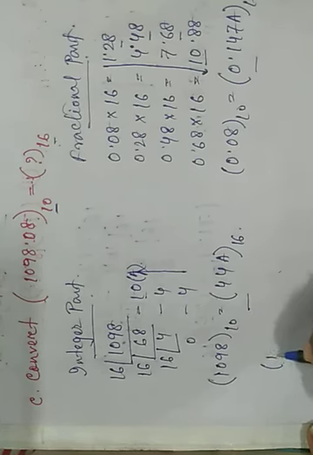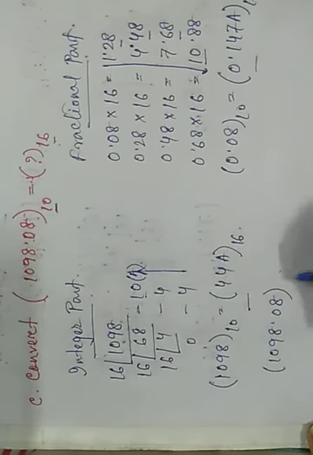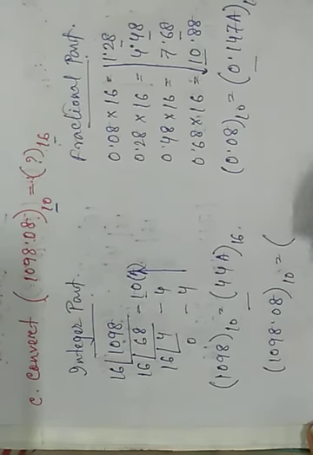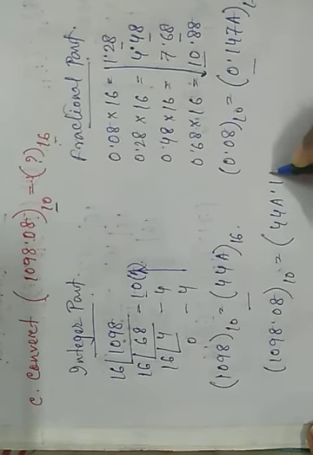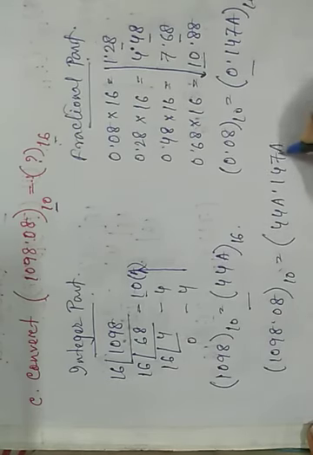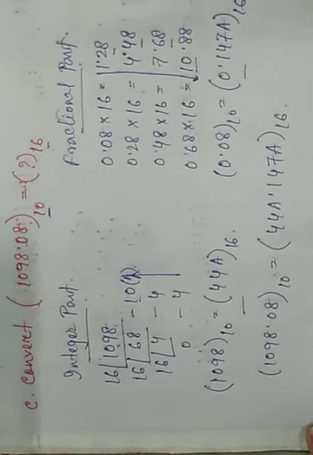So we can write 1098.08 in decimal number system becomes 448.147A base 16 in hexadecimal number system.